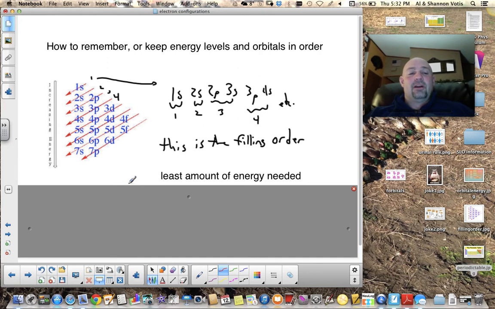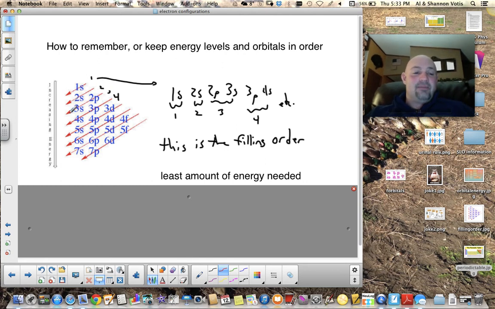And again, we're only talking about s, p, d's, and f's, so we don't have to worry about that too far. But what we're going to do to get that energy level order is draw these arrows diagonally down to the left, so start at the top right and move down to the left. If we start at this first arrow and follow those arrows going down to the left, it will be 1s. That's our first orbital. Now there's nothing else in this arrow, so we go to the next arrow and do the same thing, 2s.